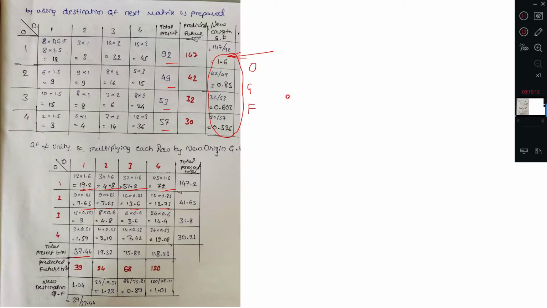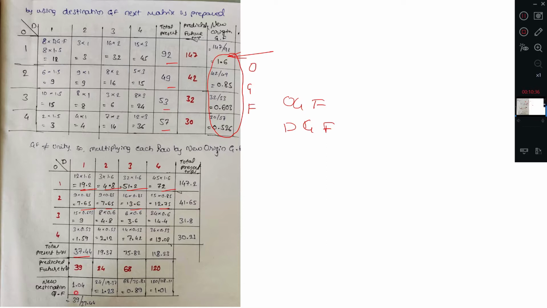One time you multiply with origin growth factor, and another time you multiply with the destination growth factors. Like this, it is easy. But when you practice, that time you will face difficulty. So at least sit with the calculator and cross check these values. So present trips and future trips.